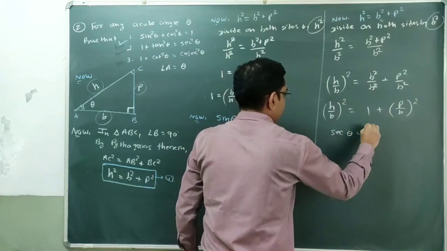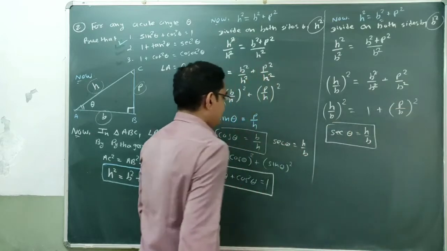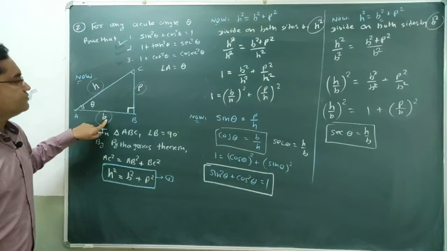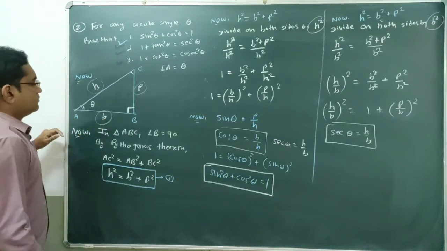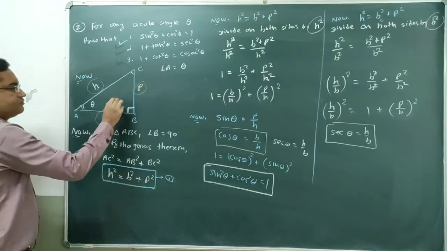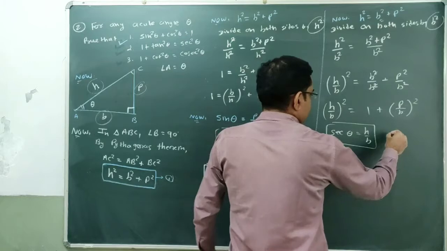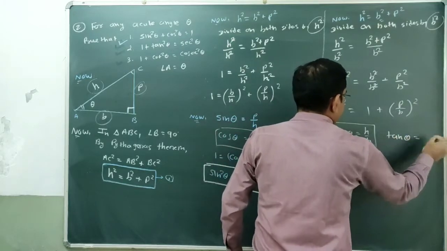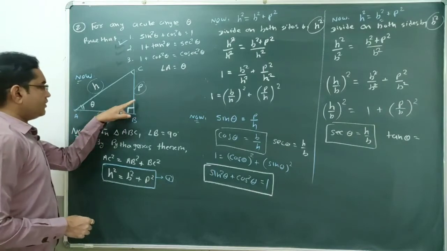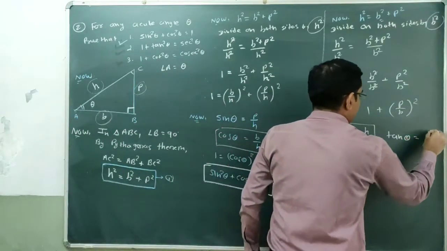And what is this p by b? Here we write tan theta. Definition of tan theta is opposite side by adjacent side. p by b is the definition of tan theta.